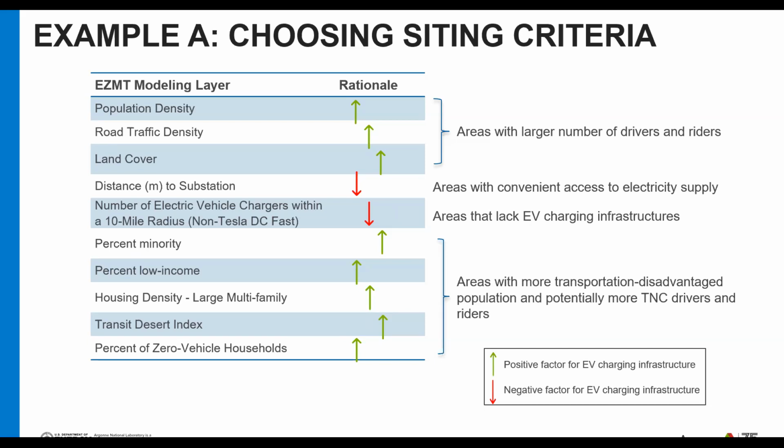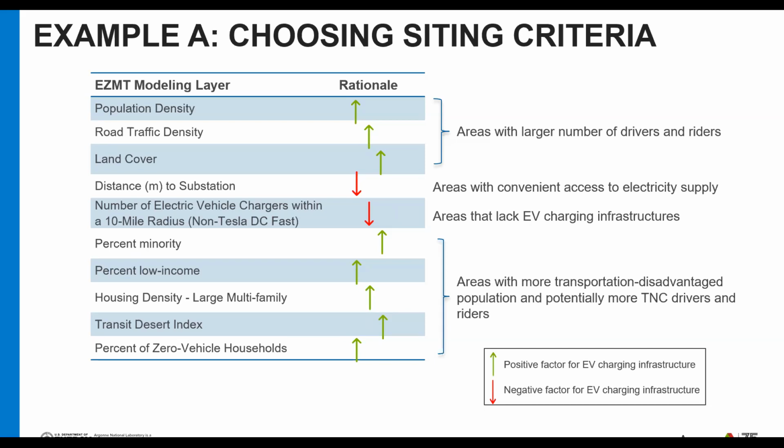to electricity supply. As you might notice, there are arrows on the right column of this table. These arrows indicate the relation, the direction between the suitability of EV charging in any specific location and the changes in these modeling layers.